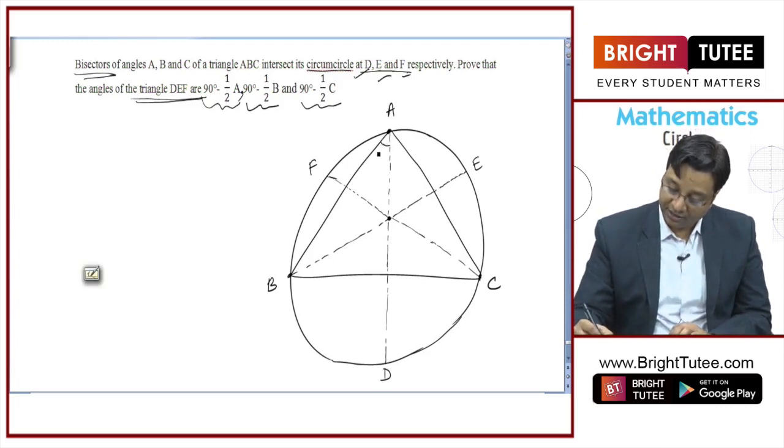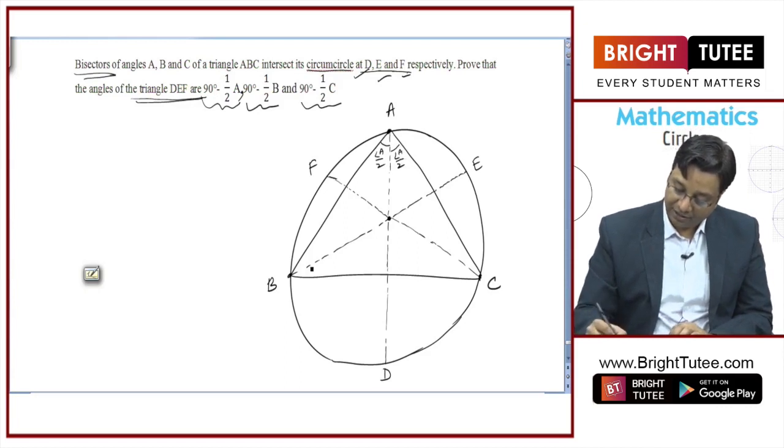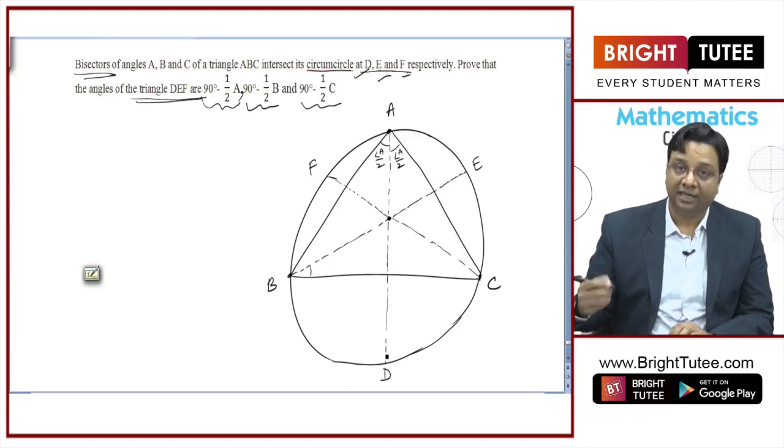What is this angle? This is half of A. This is also half of A, because AD is the angular bisector.